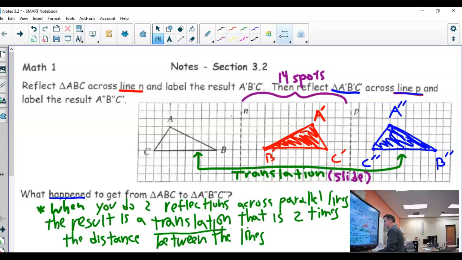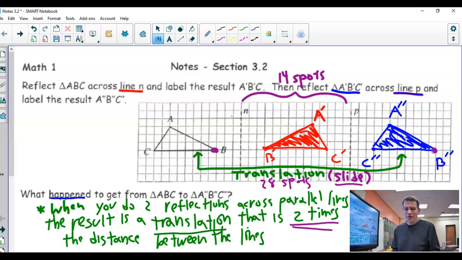And I think based on this 2 times, that this triangle must have slid, right? That's all it is. It's a slide. It must have slid 28 spots. And if you count the distance from B to B double prime, I think you would find that it is 28 spots.